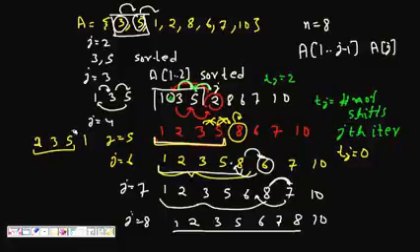Now 5 is greater than 1, so this has to shift, 3 is greater than 1, so it has to shift, and 2 is greater than 1, so it has to shift. So tj will be equal to j. Those many shifts we have to make. So if it was 3, then we had to make 3 shifts.